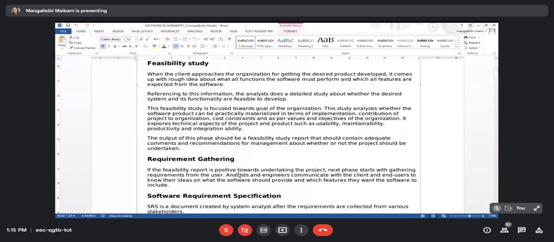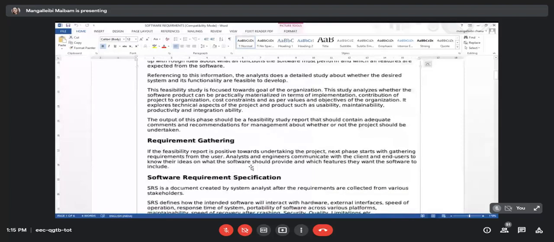In requirement gathering, after understanding all these factors, we start collecting the requirements from the user or from the client. In order to do this, some analysts and engineers are required, because they need to communicate with the client so that they can know the client's ideas. What does the user want? What kind of requirements do they have, and what kind of software do they want to develop?